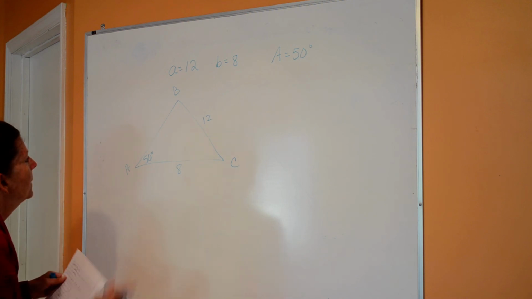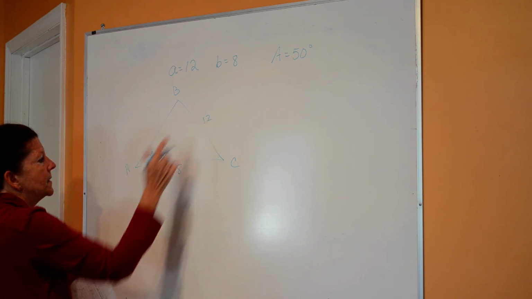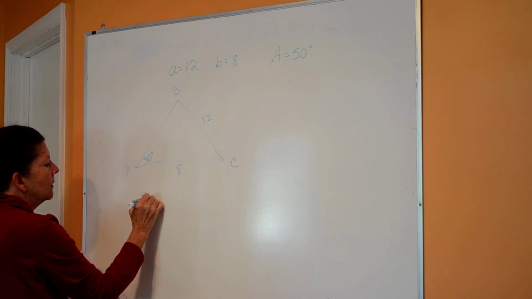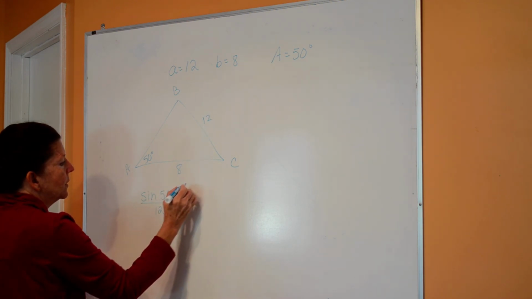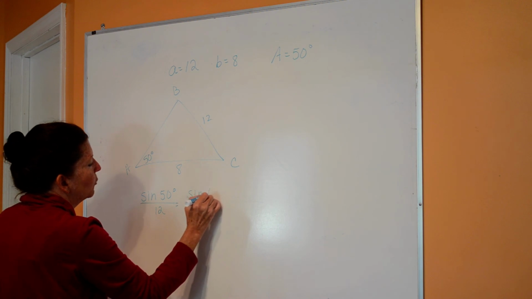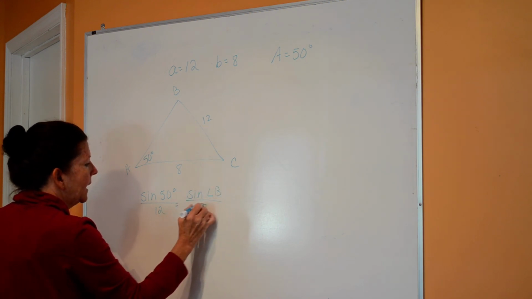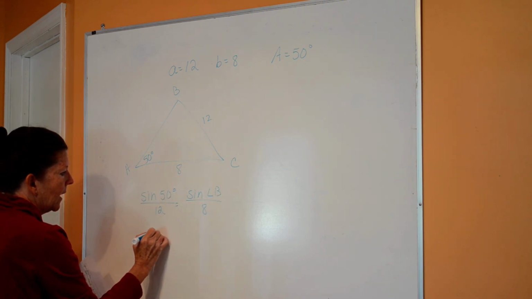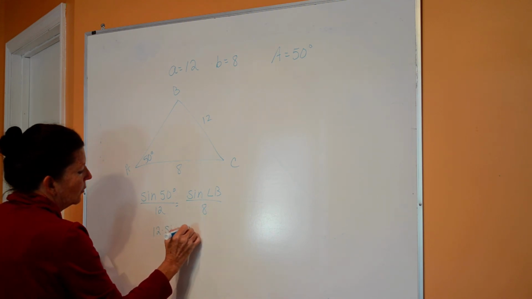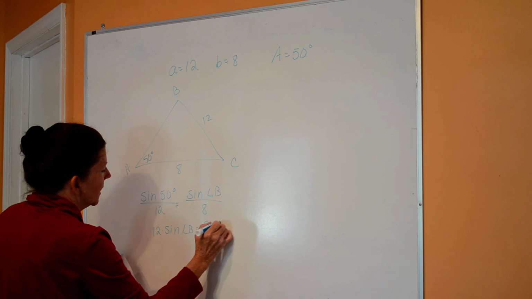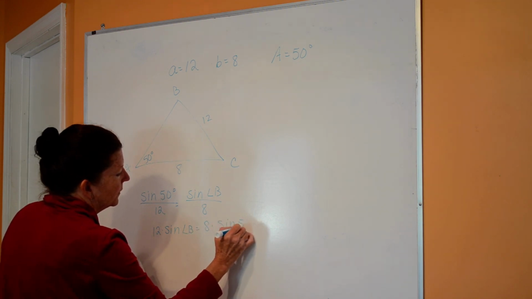All right, the angle I know, opposite the side I know. So the sine of 50 over 12 is equal to the sine of angle B over 8. I'm going to cross product, so I have 12 times the sine of angle B is equal to 8 times the sine of 50.